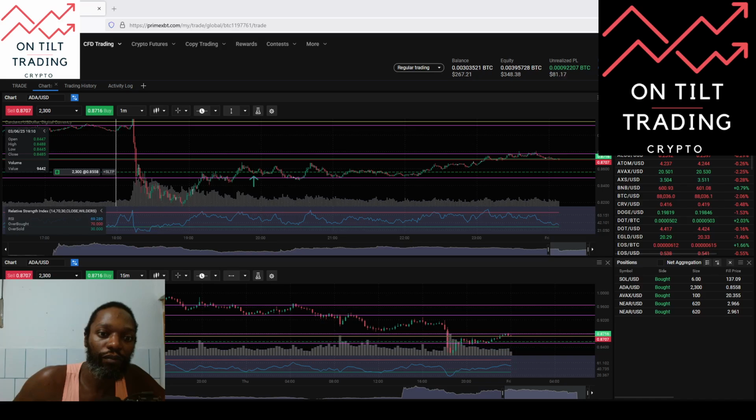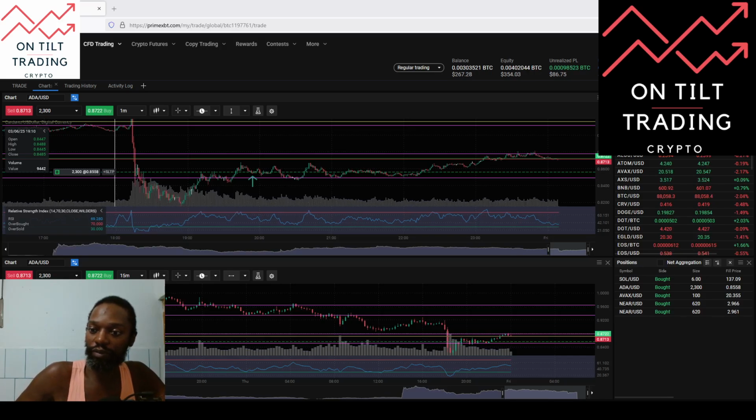S4, S3, R3, and I'm going for an S4 to an R3 traverse on this trade. Same as the last trade, these two seem to be moving somewhat in sync with each other, and you can get a feel for the play in general right here. So I would have taken the trade down here, and this is the target right here.